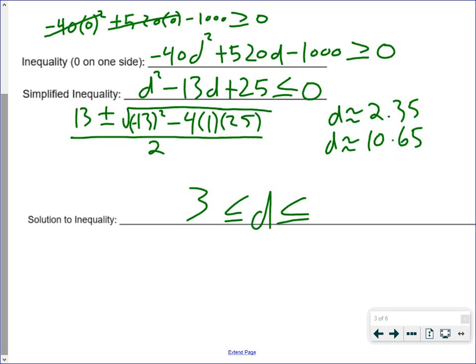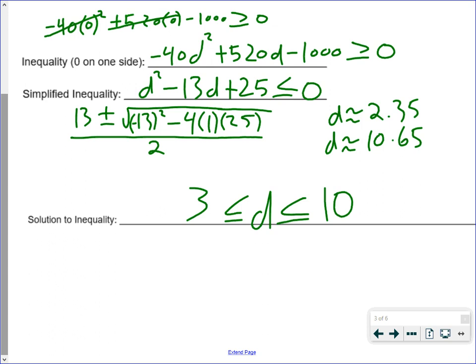So with 10.65, we're going to think about it the same way. Anything above 10.65 is bad. We're going to be losing too many members. We're not actually going to be making the revenue of $13,000 that we want. So that's why for 10.65, we're going to round downwards to 10. Because anything more than 10.65, we're losing too many members. We're going to have a revenue less than $13,000.